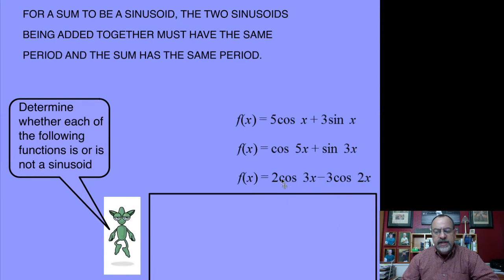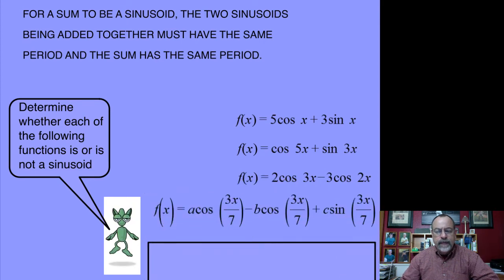If we look at this example, again, we look at the horizontal shrink of 1/3. Here we have a horizontal shrink of 1/2. The periods then will be different. Therefore, the resulting difference of these two sinusoids will not be a sinusoid. And then finally here we have a 3/7 horizontal.